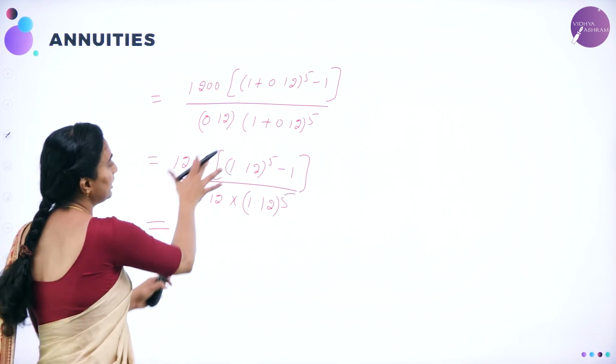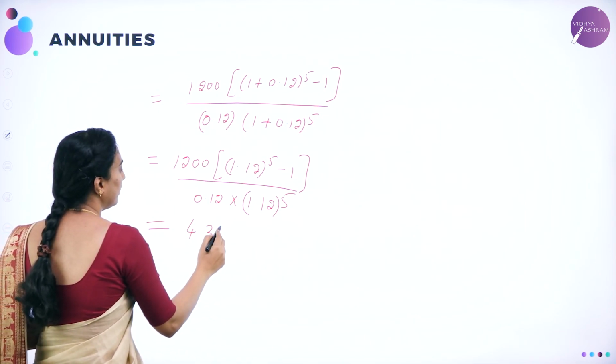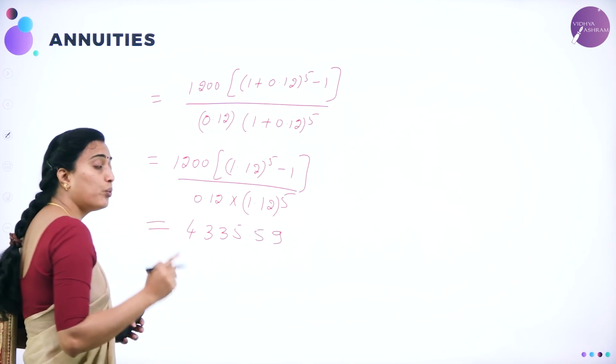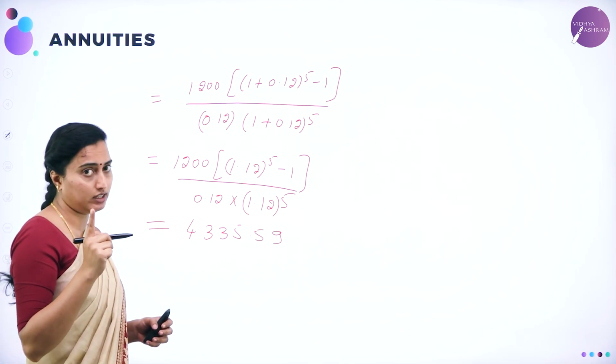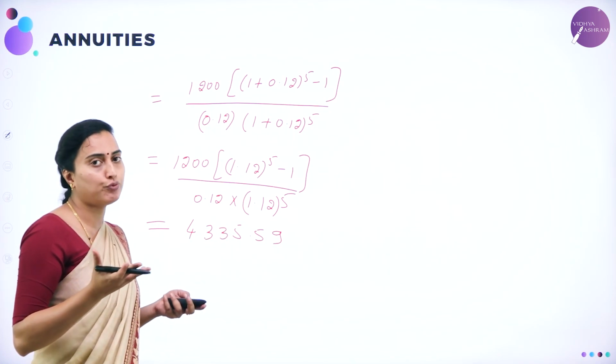So, after doing this calculation, you are going to get the answer 4,335.59. So, what is the actual amount of the machine? 5,000. This is lesser. Therefore, it is better to take a lease for 5 years.